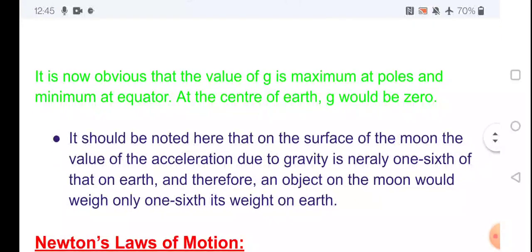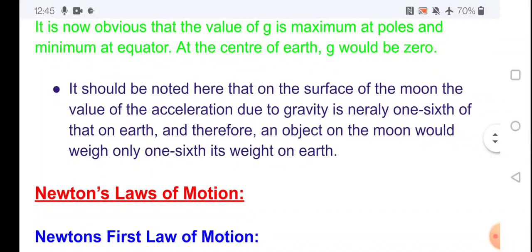Now, it is obvious that the value of g is maximum at the poles and minimum at the equator, and at the center of the earth g would be 0.